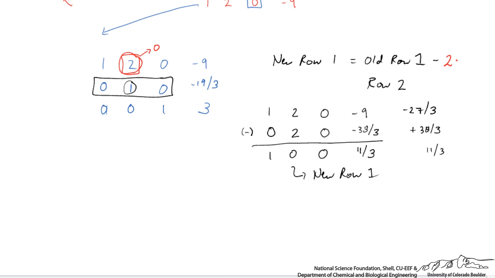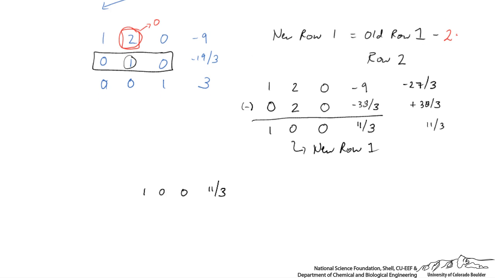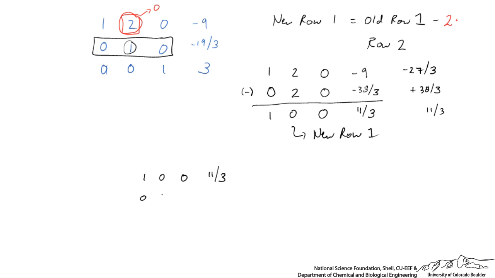The final matrix array then is 1, 0, 0, 11 thirds. Row 2 is 0, 1, 0, negative 19 thirds, and row 3 is 0, 0, 1, 3.